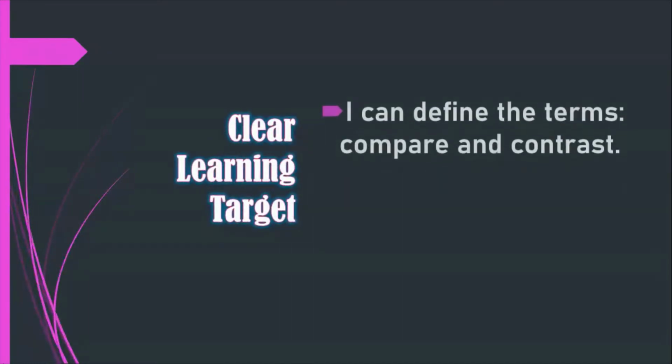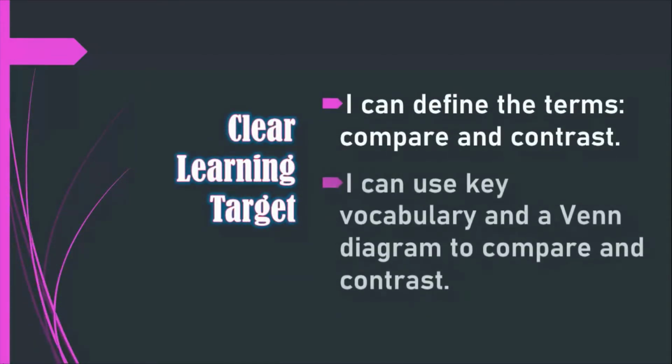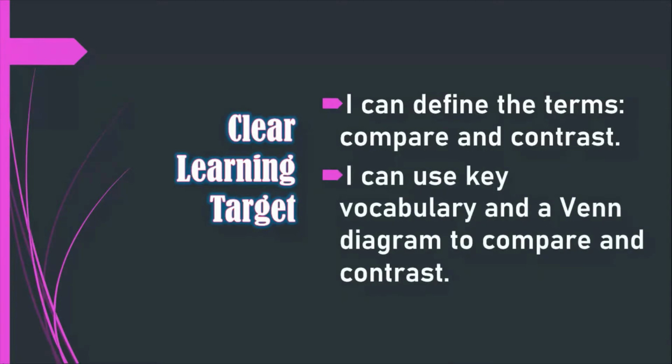And this brings us, friends, to our clear learning target. I can define the terms compare and contrast. I can use key vocabulary and a Venn diagram to compare and contrast. Let me make a parenthesis right here and say that that is going to be our final objective.